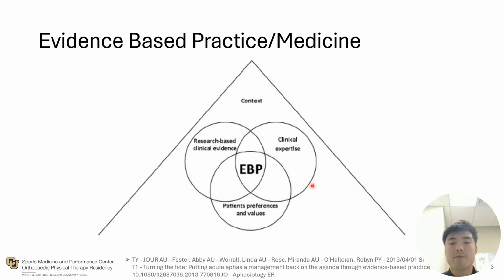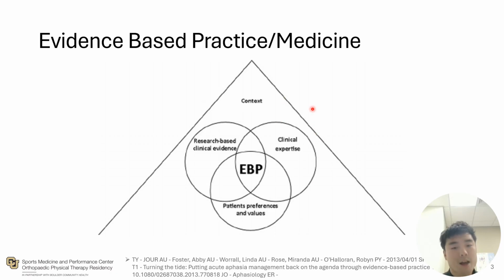You can't have one or the other operate separately and give you the evidence-based practice that you want to do. And these three pillars then live in this triangle of context, meaning the context in which you are operating all these under, right?